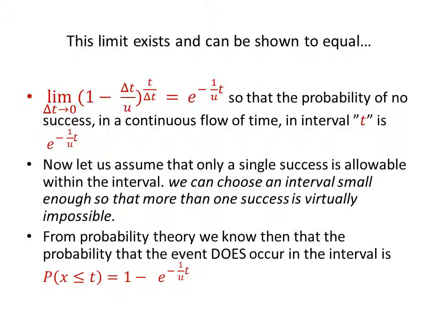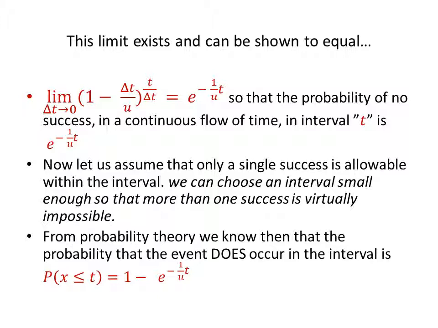Well, what is the opposite of not having a success within the time interval? Well, it's this: the probability of a random variable x, the time at which success occurs, is less than the given time interval t. Now think about this for a second. This represents, that I'm underlining here, the probability that there is one success within the time interval.